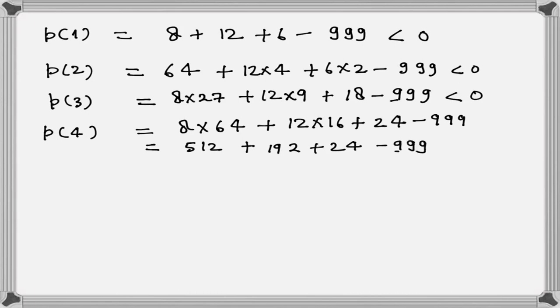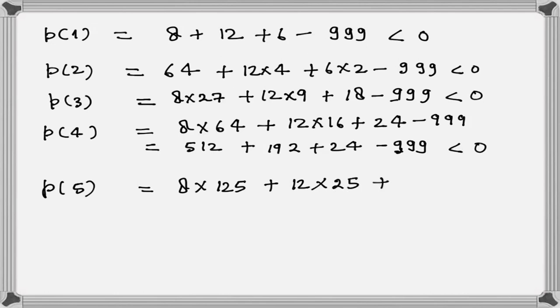So what is this? Roughly this is 700 something, which is definitely less than 999. So this is also less than 0. Okay, so let's see what is P5. P5 is 8 into 125 plus 12 into 25 plus 6530 minus 999.